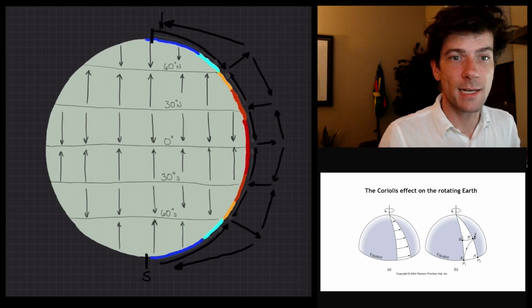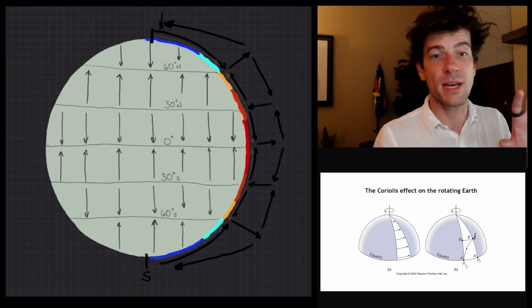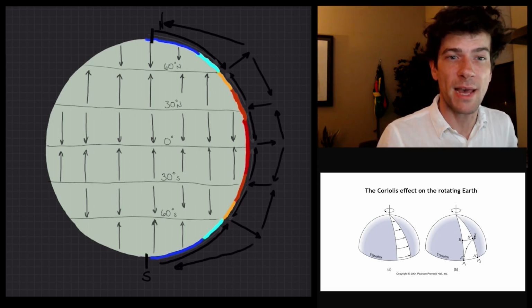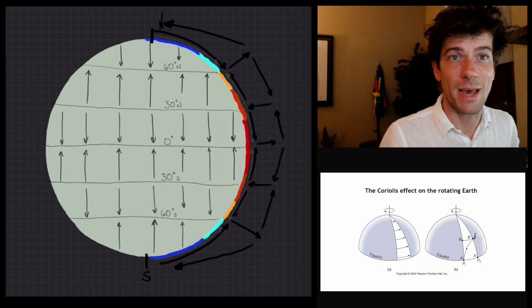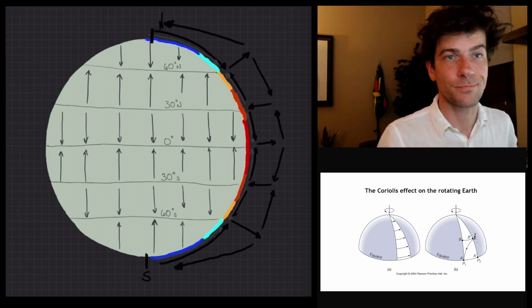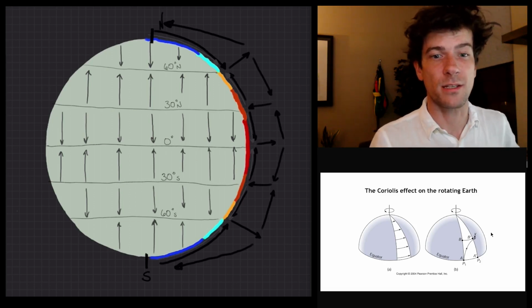If you're standing at B watching this take place, or if you're standing out in outer space watching it, it appears as though that particle bends to the right. It's actually traveling in a straight line through space, but its path looks like it bends, because from the frame of reference of B or A, it moves off course. There are a lot of videos on YouTube and animations that make this a little bit more clear.